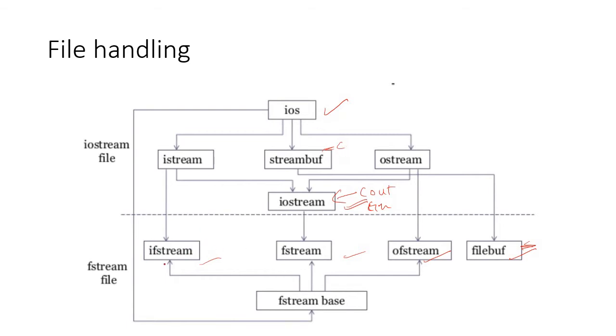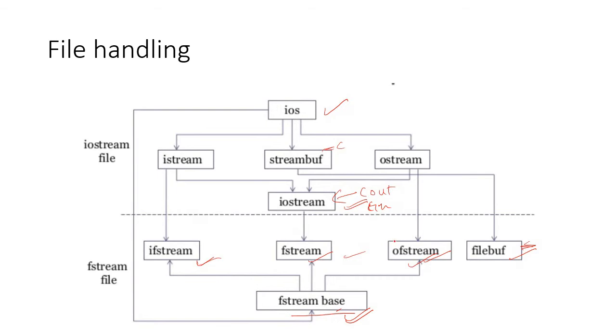The ifstream is also derived from the fstreambase, right? So iostream is further derived with fstreambase, and then this fstreambase is further derived in the ifstream, fstream, and ofstream header files.